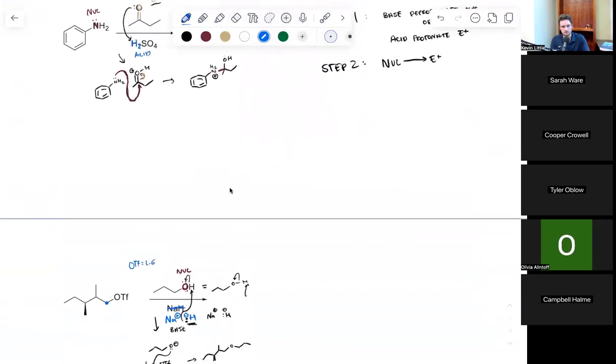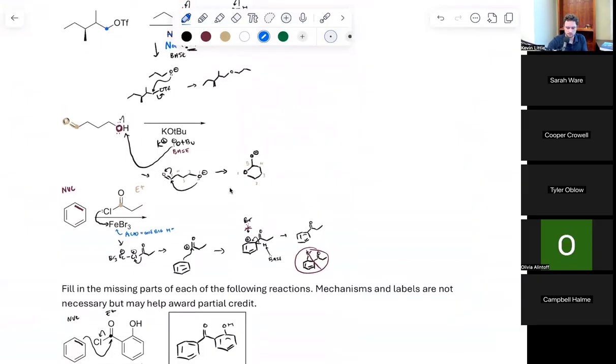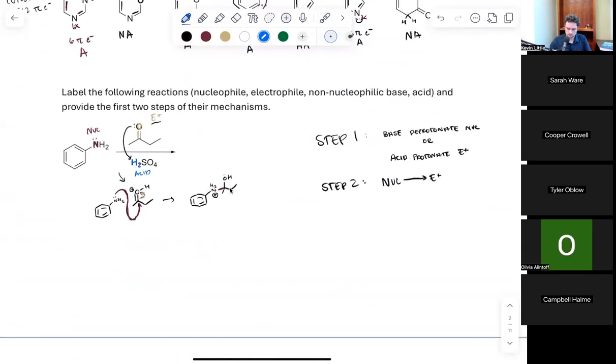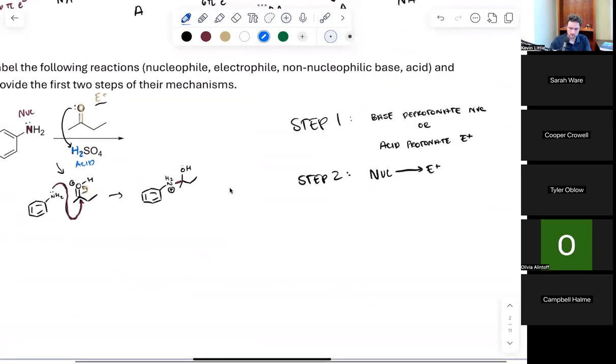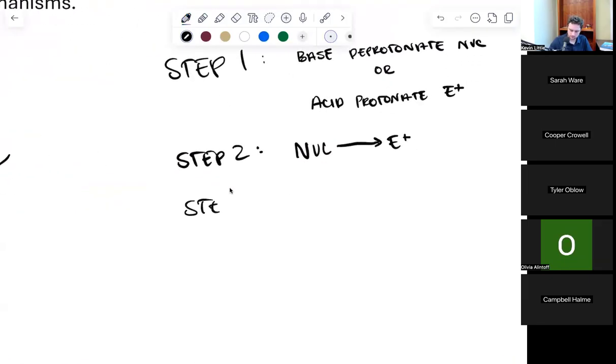On these mechanisms, I do kind of want you to do this last step. So I'm going to change this to 3. I'll put out another worksheet that talks about this, but step 3 is deal with the charge.